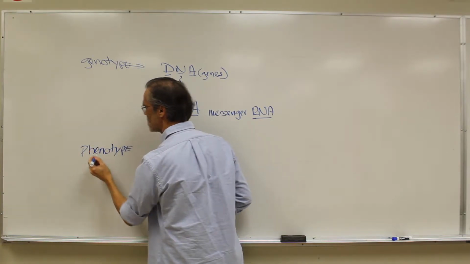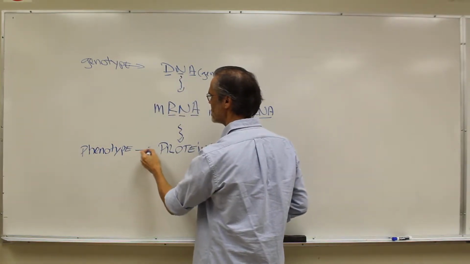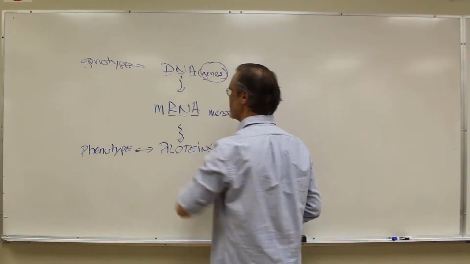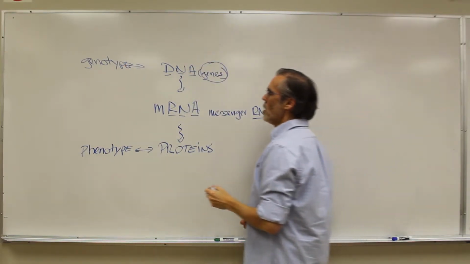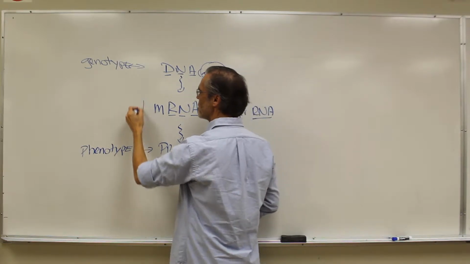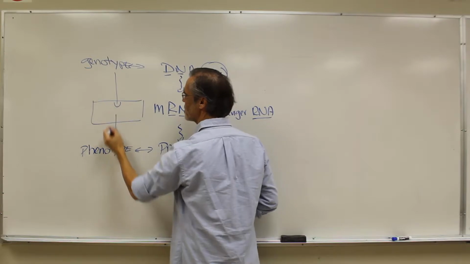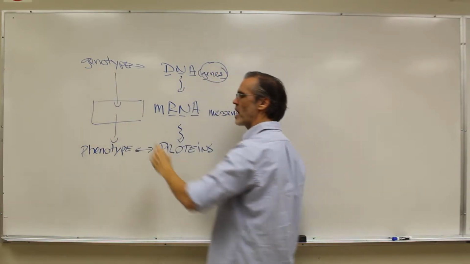Okay, genotype and phenotype. So proteins are responsible for the phenotype, genotype is DNA, and most importantly the genes, right? So we have this thing here in the middle part, which is the mRNA, and this mRNA is going to be responsible for translating this genotype into a phenotype.